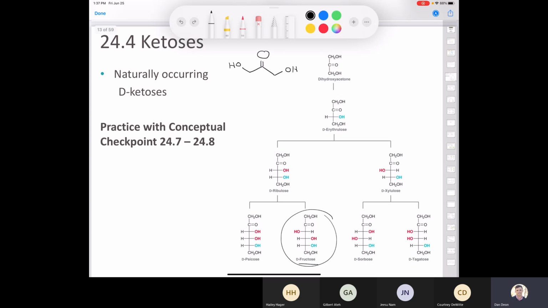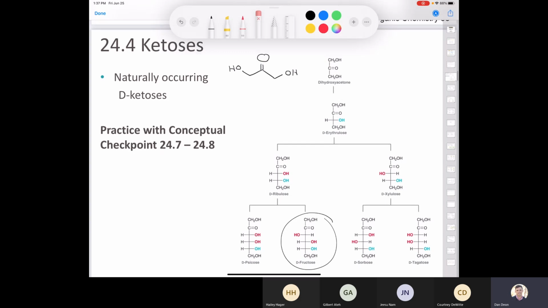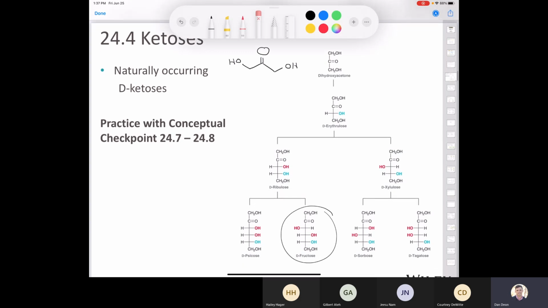So again, I don't ask you to memorize any of these specifically, but you should know that fructose is a ketose, whereas glucose is an aldose. Sucrose, which is table sugar, is actually a disaccharide, which comes from fructose and glucose, and we'll look at its structure later on. But again, these are the naturally occurring ketoses. These are the D-ketoses.